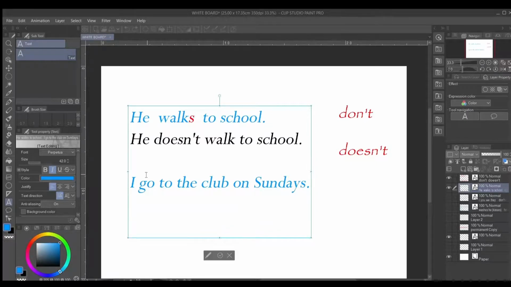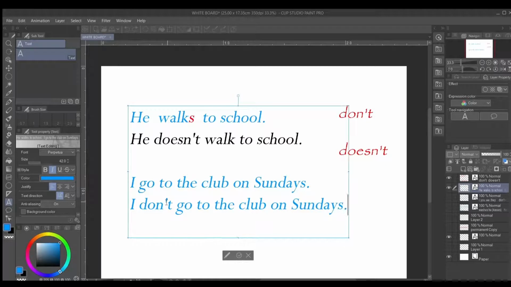This is I. Am I going to use don't or doesn't? Of course, I'm going to use don't because I doesn't need any S with it. I don't go to the club on Sundays. Easy? Easy.